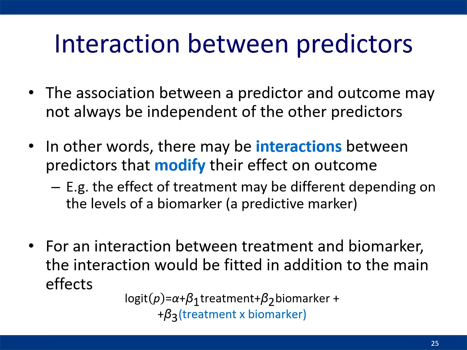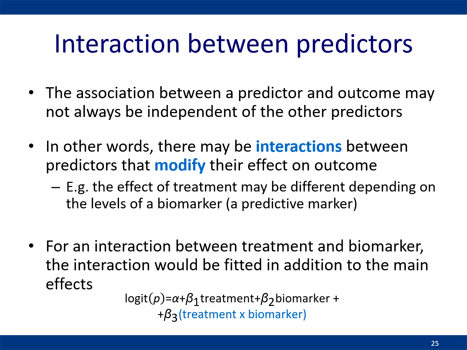So firstly, what is an interaction? An interaction between different variables, or predictors in this case, is where the association between a particular predictor and the outcome is not independent of the other predictors. So it's modified in some way by the values of other predictors.